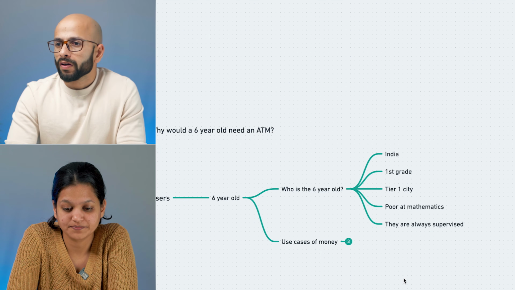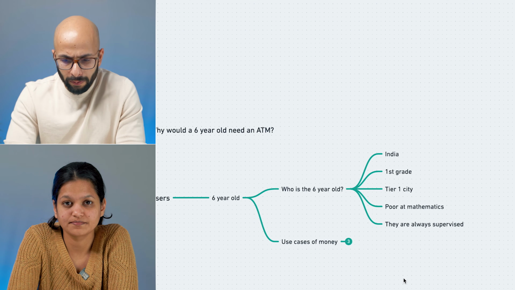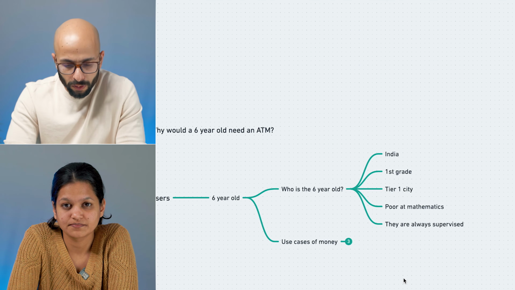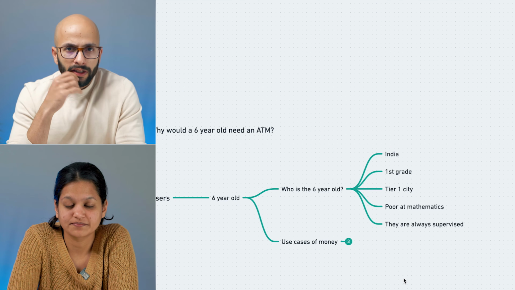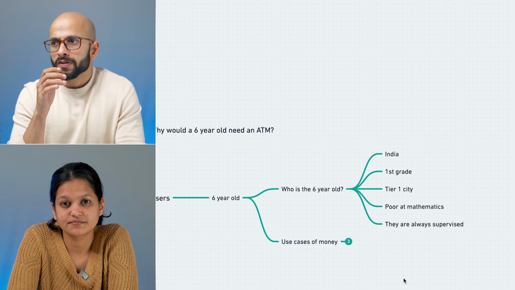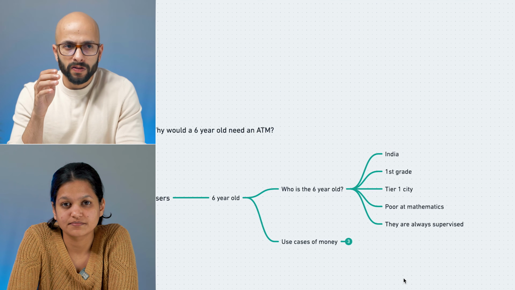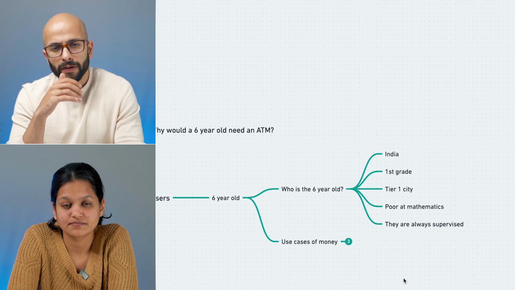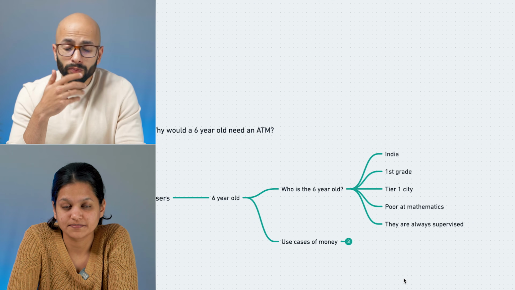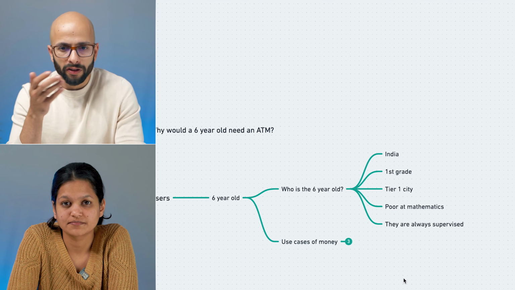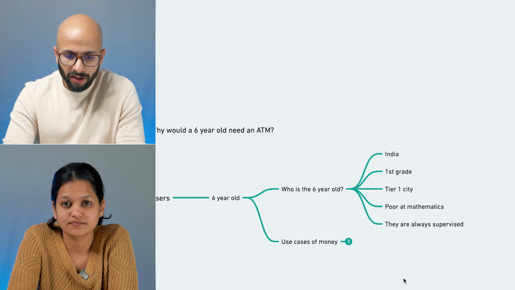So the ATM machine will probably be used when they're not supervised. The only time the 6-year-old is not supervised is in schools, because even in parks, usually they are at least having an elder brother or someone, a guardian, that's always looking at them.